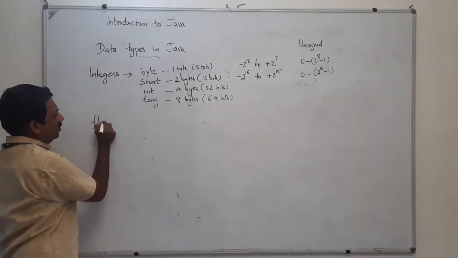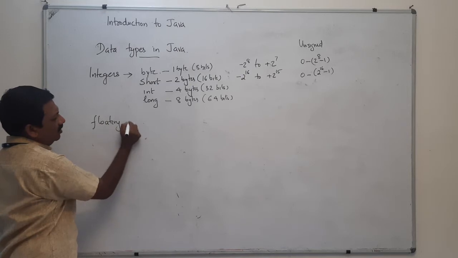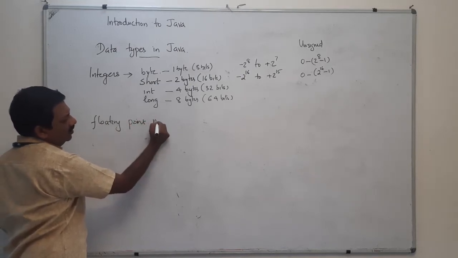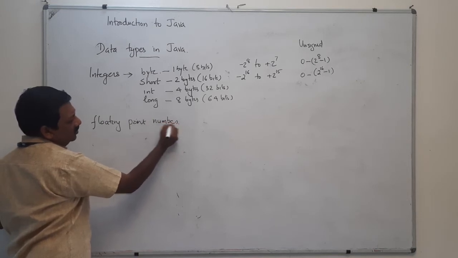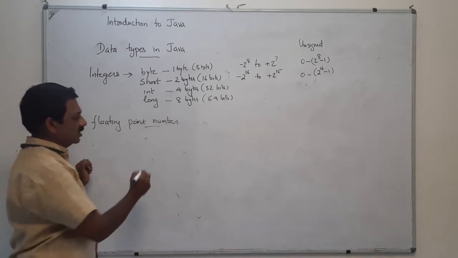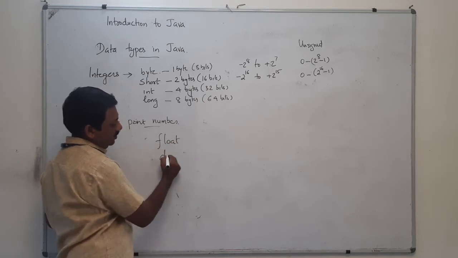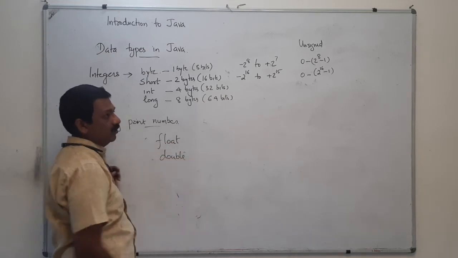Floating point numbers. There are two types, that is float and double.